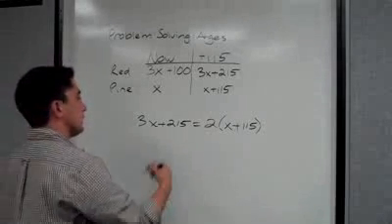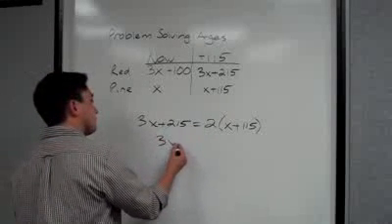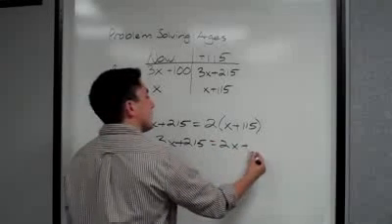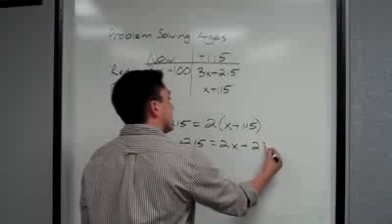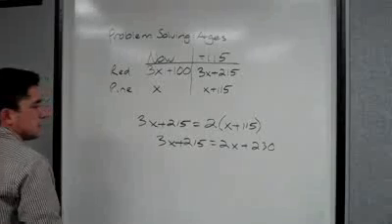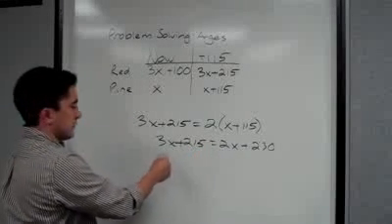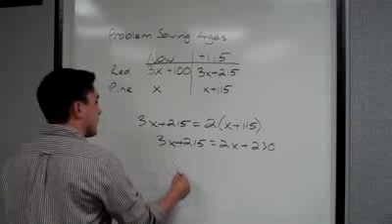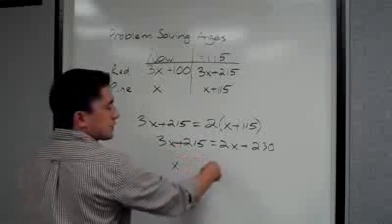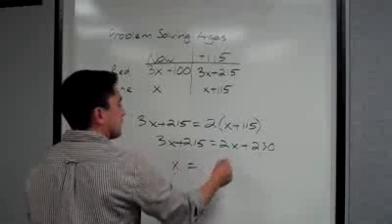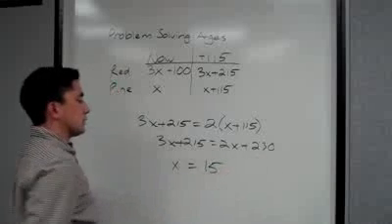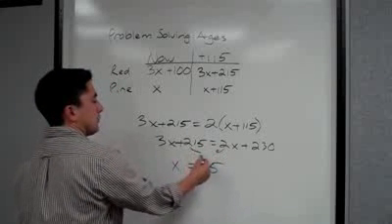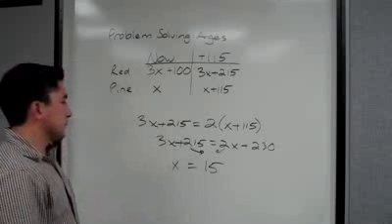So now we can go ahead and distribute, so 3x plus 215 is equal to 2x plus 230. I'm going to subtract the 2x from both sides, so it goes away. Over here, 3x minus 2x is 1x. I'm going to subtract the 215 from both sides, which leaves me with 15 over here. Move the 2x that way, move the 215 that way by subtracting.